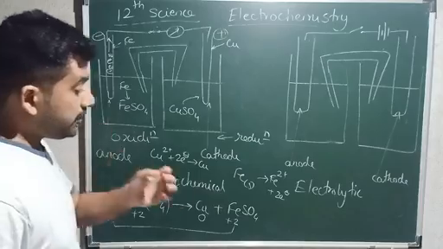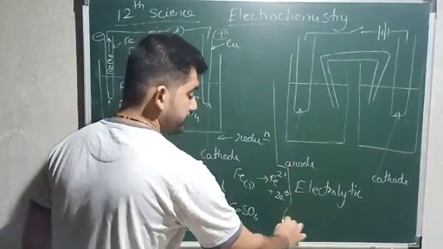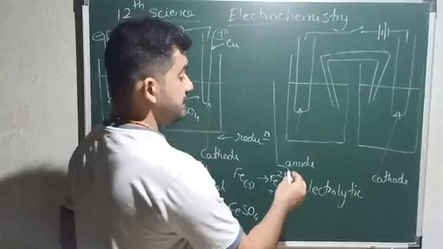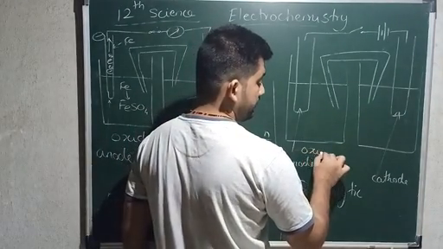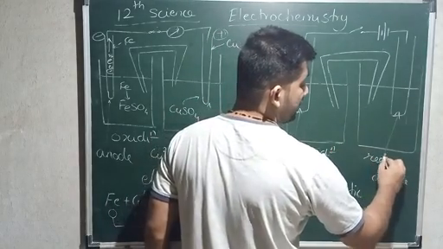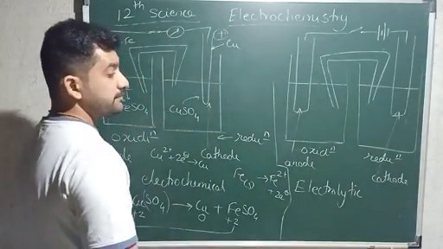Now for an electrolytic cell, anode always has oxidation and cathode will always have reduction. Now in this case, what will happen?